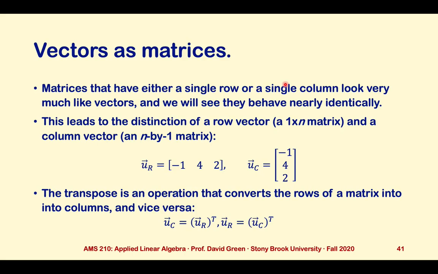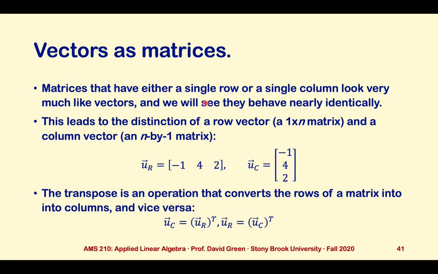for vectors, well, vectors really can seem a lot like matrices, and they can be treated as matrices of a particular type. In particular, matrices that only have a single row or a single column look really a lot like vectors, right?